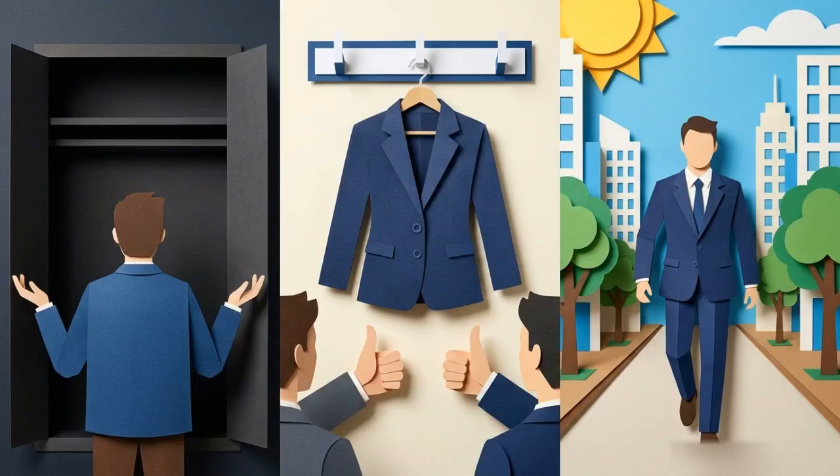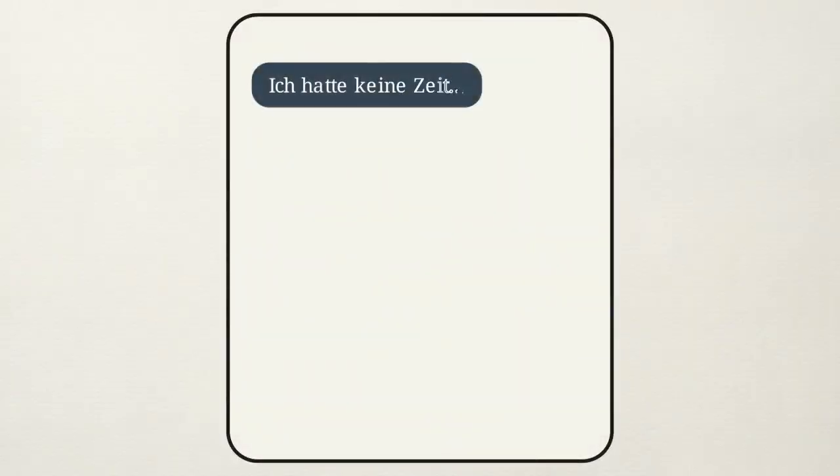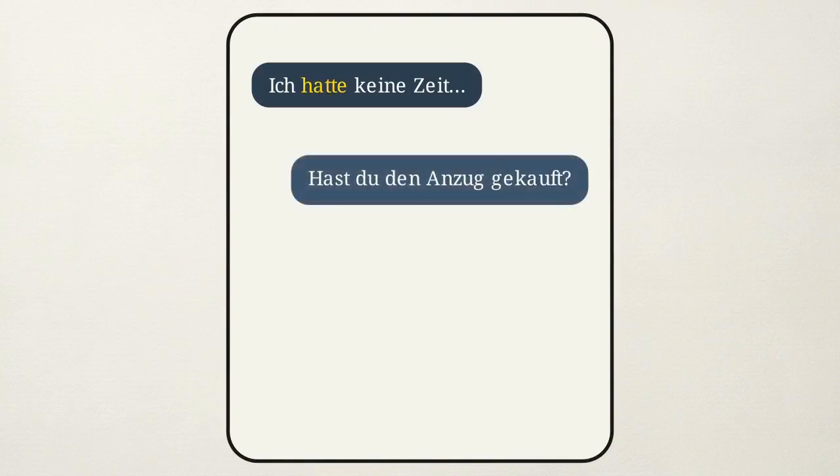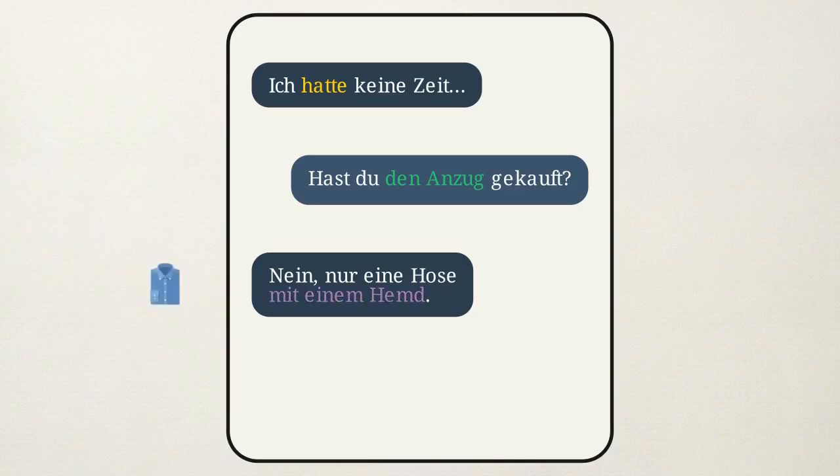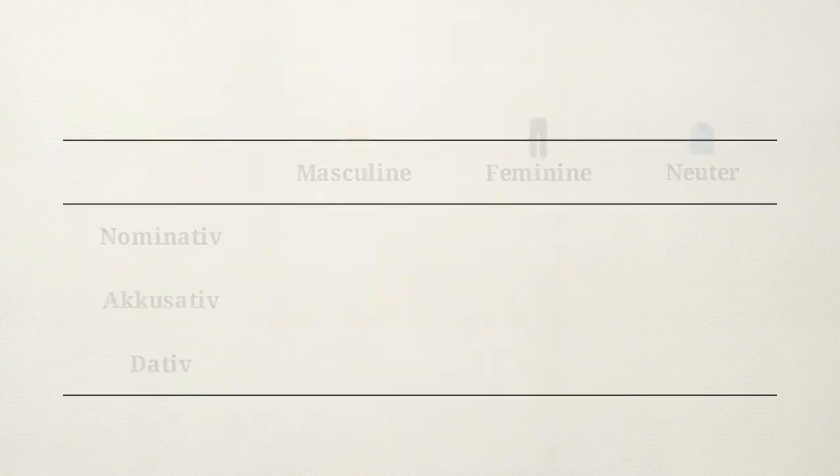Combining these rules allows for a natural conversational flow. We can now explain a past problem, offer an opinion, and describe a specific outfit choice. Notice how these rules stack in a real exchange. It begins with the past tense, hatte, moves to the accusative, den Anzug, and finishes with the dative combination, mit einem Hemd.